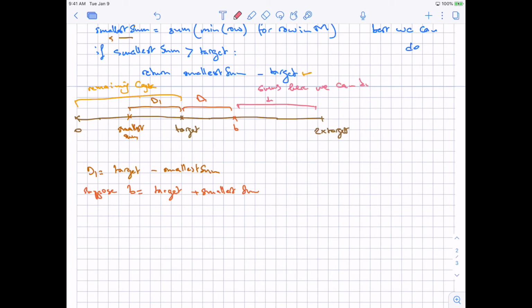We don't need to look at them. Why is that? Because we can already do better. Any S in B to target, the diff would be bigger than D1, and D1 is already what we achieve with the smallest sum, so we don't need to look at it because we already have a better one with the min.